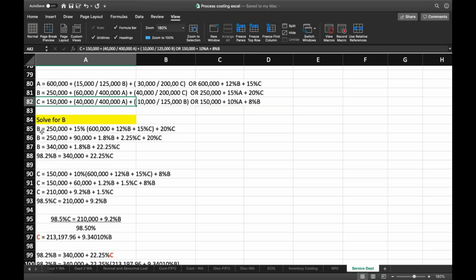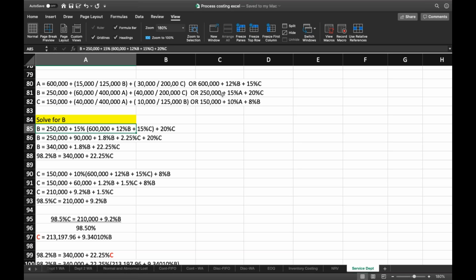So for B, the original equation is B equals 250 plus 15% of A plus 20% of C, right? Now, we will choose A to be replaced by its original equation.